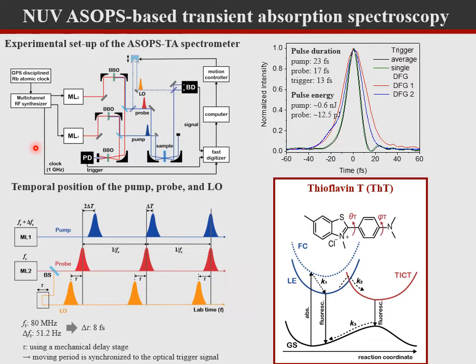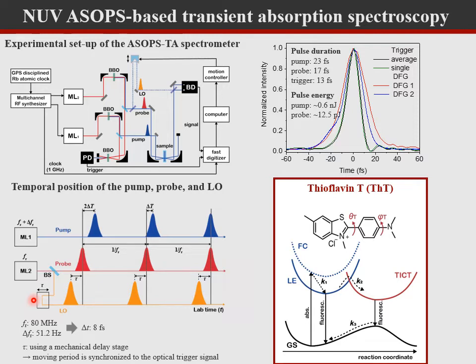Then this pump-probe signal field is allowed to interfere with the local oscillator beam that is time delayed by tau from the probe beam, where the time delay is generated by using a mechanical delay stage whose moving period is synchronized to the optical trigger signal.